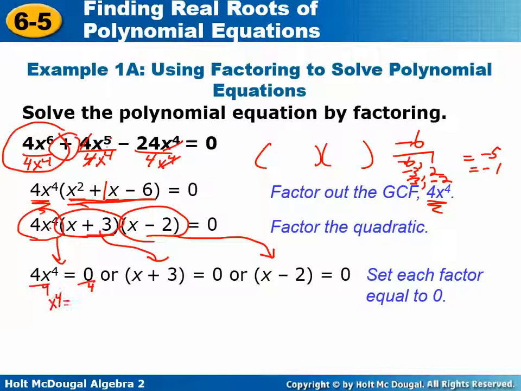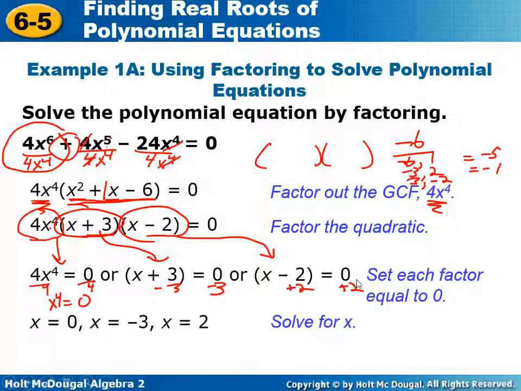So x to the 4th equals 0, and you take the 4th root of both sides, and you're going to get 0. So the first one will give you x equals 0. The second one would give you x equals -3, and the last one would give you x equals 2. So we get three answers here: 0, -3, and 2. So we've solved this now by factoring.